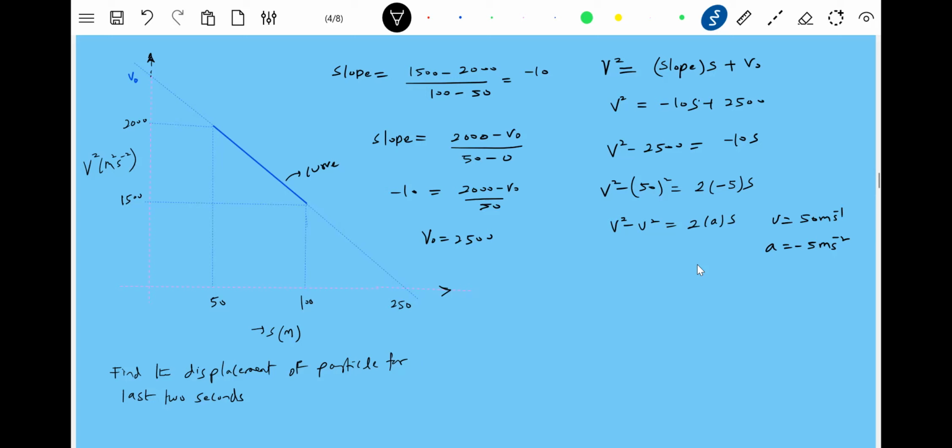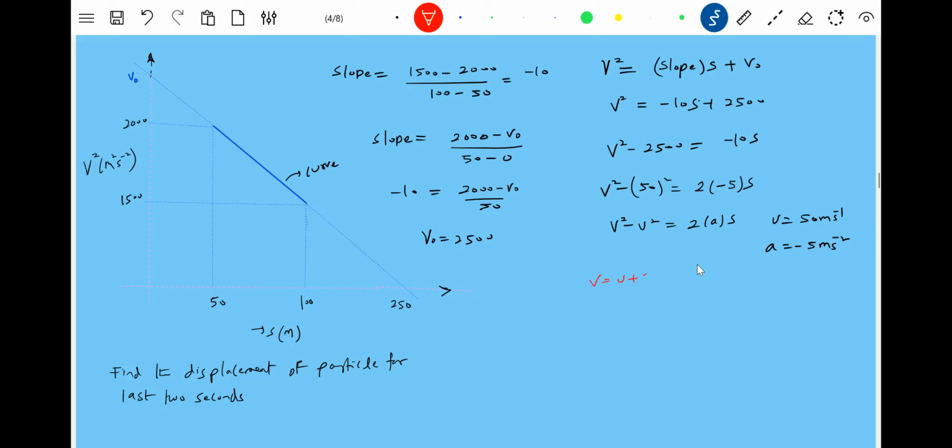The displacement of the particle for the last 2 seconds. Actually, what do you mean by last 2 seconds? It will start from here with a velocity, then it will undergo retardation. So let's go for the analysis.